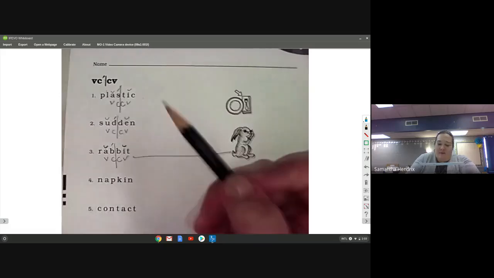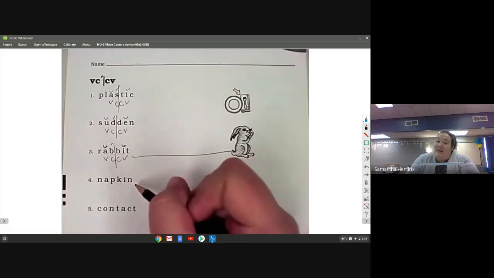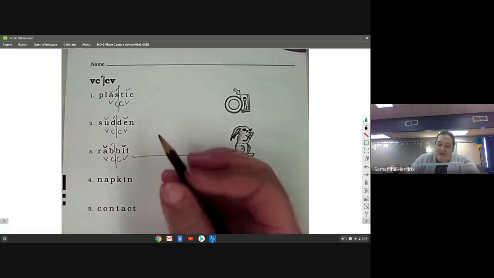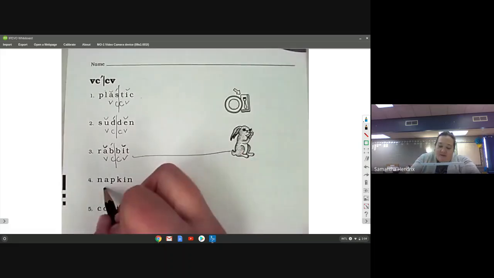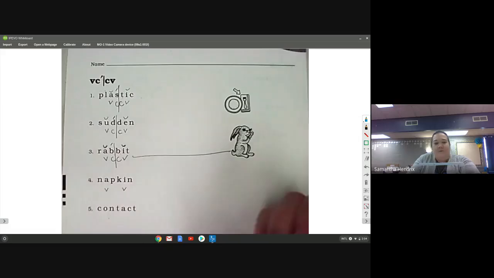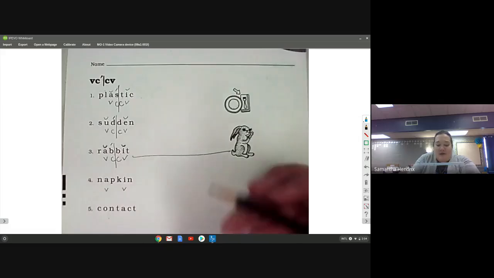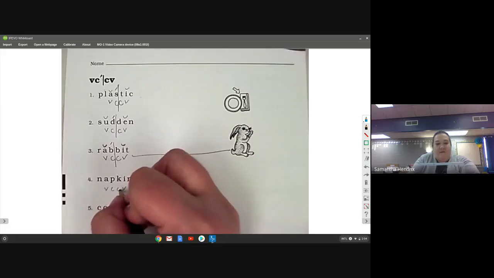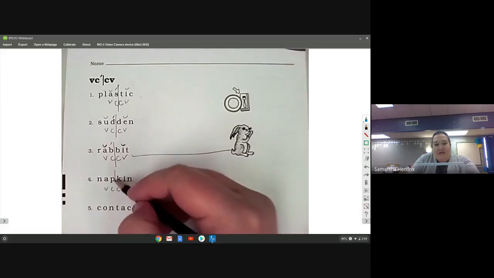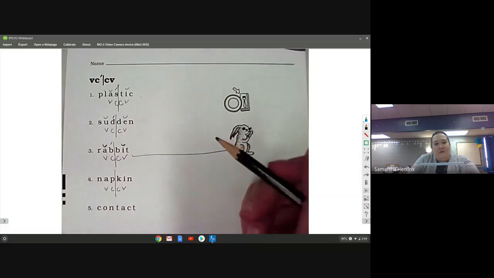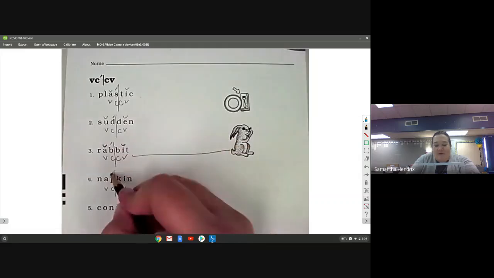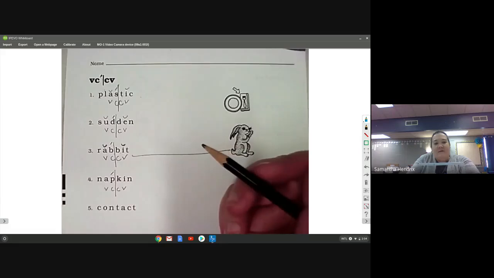Okay. This is the third time we've seen napkin today. It really wants us to know this rule. So label your vowels. Label your consonants. Use that division line. Your accent is going to go on the first syllable in all of these words.